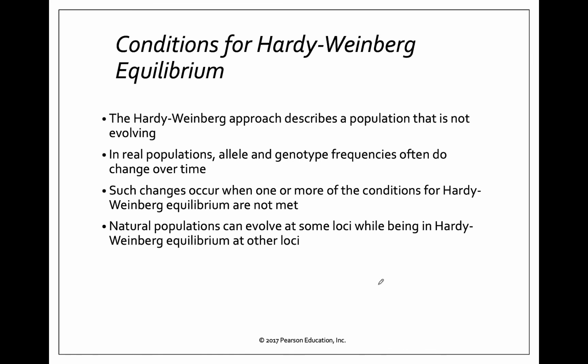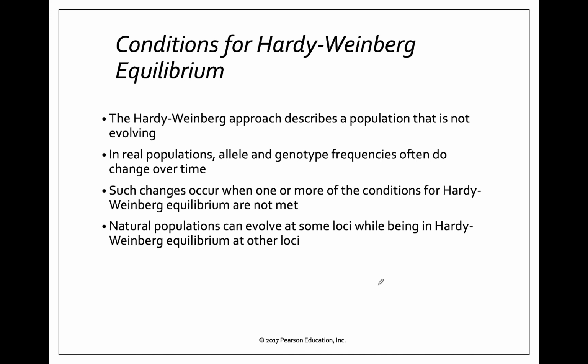So Hardy-Weinberg equilibrium is assuming that a population is not evolving. And this is not necessarily easy to do. So there are some conditions that we have to assume in order to use these Hardy-Weinberg equilibriums, to assume that something's in equilibrium.